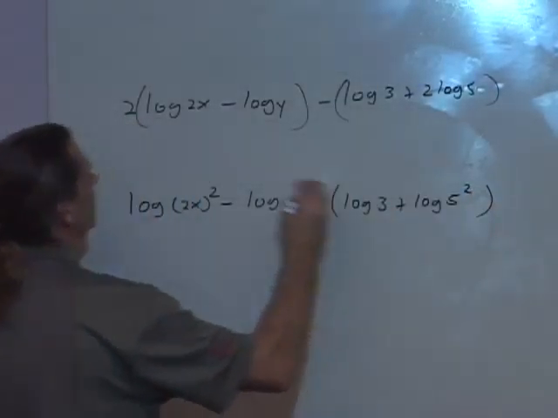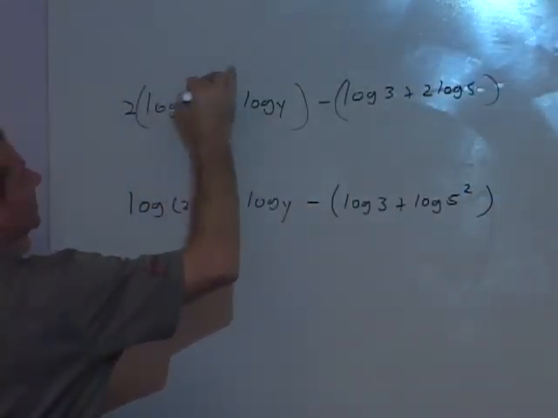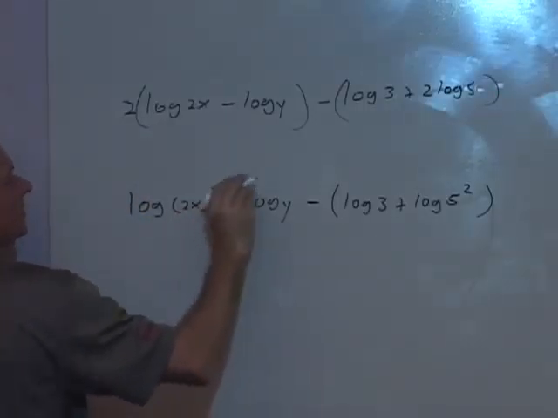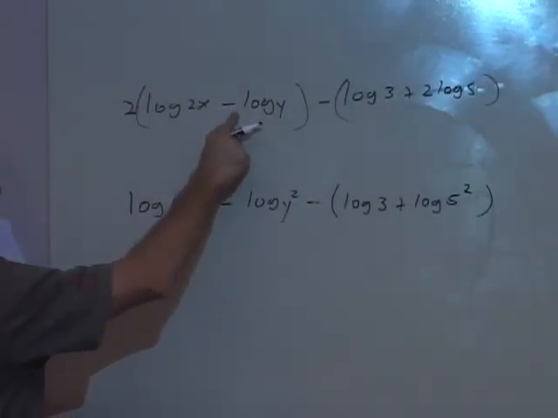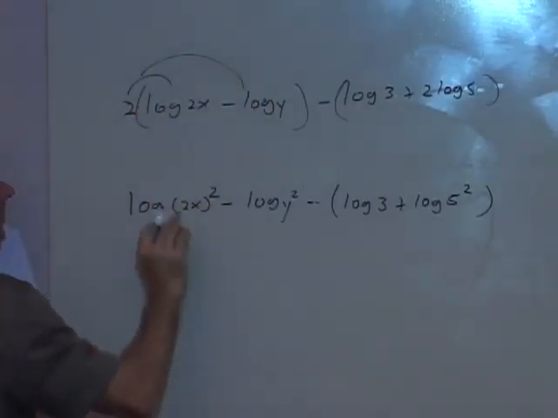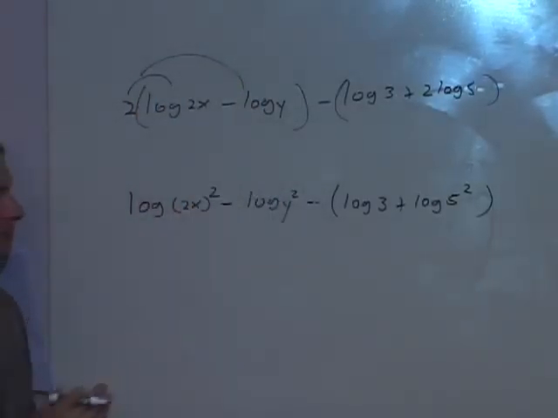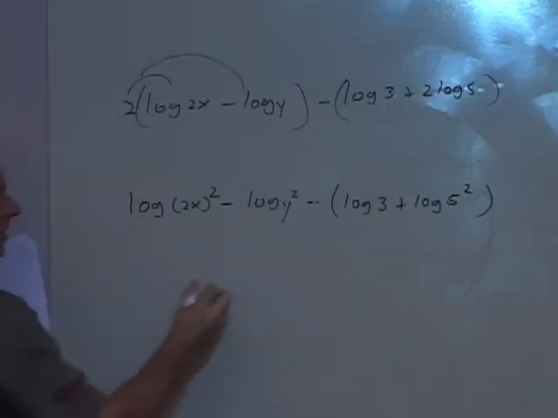First thing I did was multiply 2 times each of these two things and push it up into the exponent. Remember, this will be 2 times this and 2 times that when you distribute it to both pieces, and then anything multiplied can then be pushed up into the exponents, and vice versa.